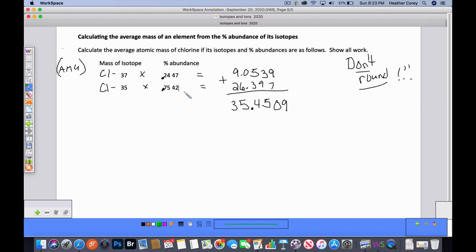Now let's problem solve. So we said that most of them were isotope 35, so our answer should be close to 35. That checks out. It should be between 35 and 37 because those are the only two values that we have. And then because the 37 is going to bring the answer up slightly higher, the answer should be slightly higher than 35, which it is.